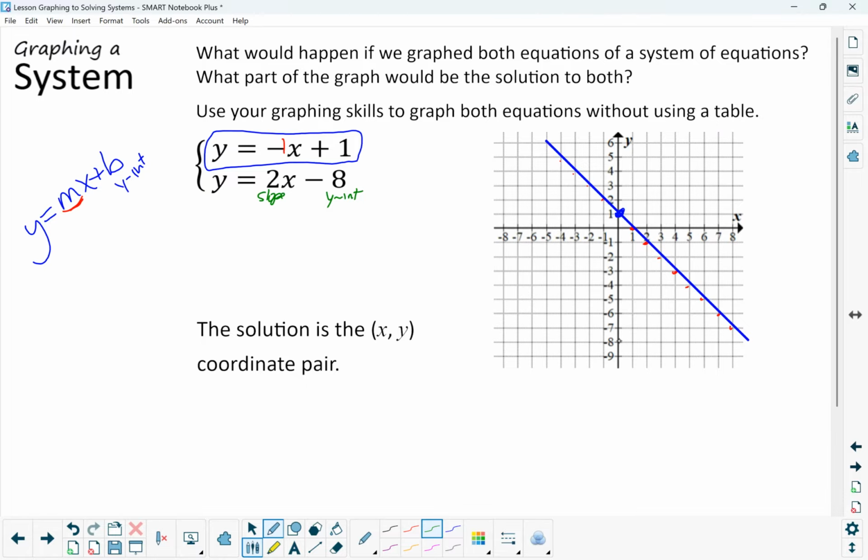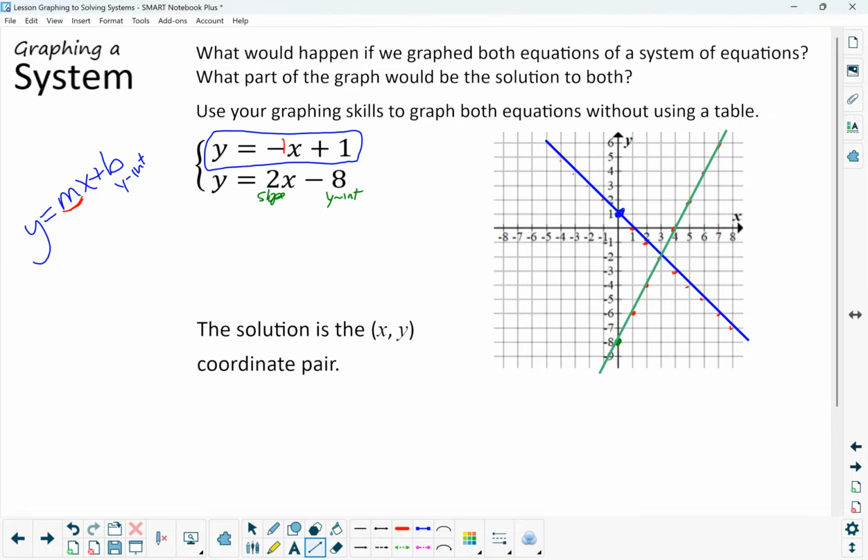So we're going to start at negative 8. Slope 2 means that we're going up 2 over 1, up 2 over 1 to create that graph. And again, I'm going to use my tool because I am not great at drawing these straight lines.